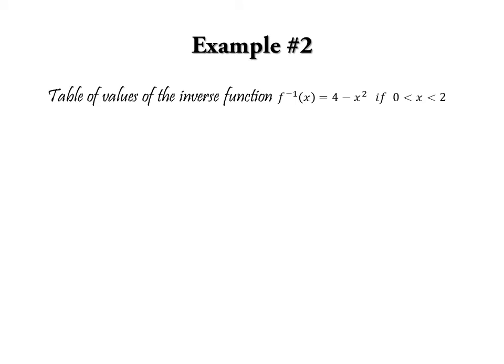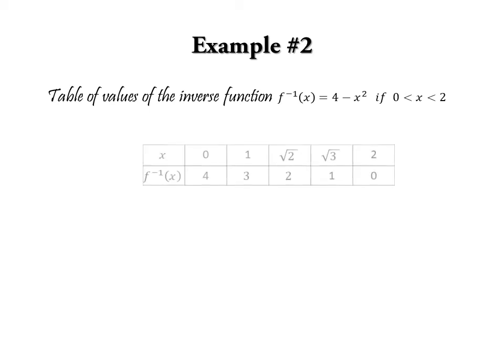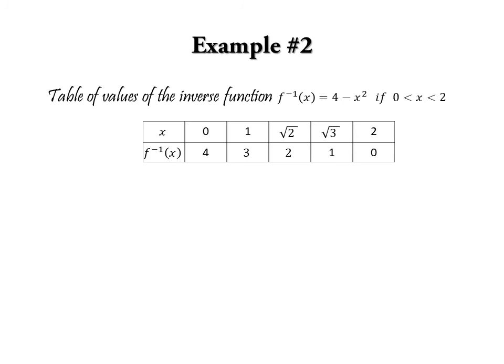Now let's take a look at the table of values of the inverse function. Your inverse function is 4 minus x squared, where x is greater than 0 but less than 2. So you have 0, 1, square root of 2, square root of 3, and 2 for your values of x. If x is 0, the value of your inverse function is 4.